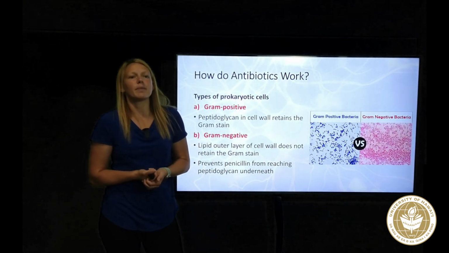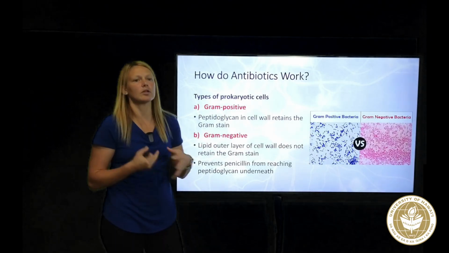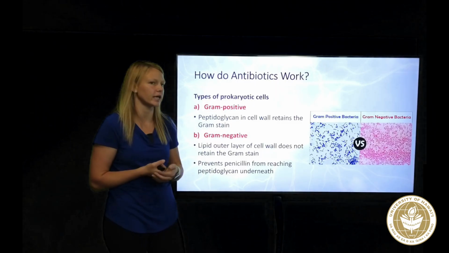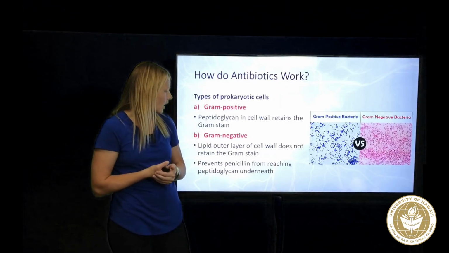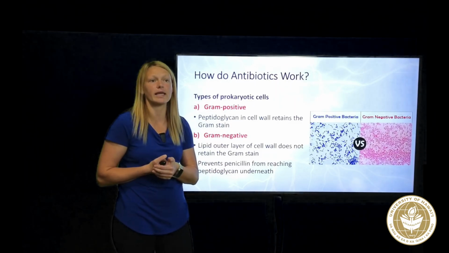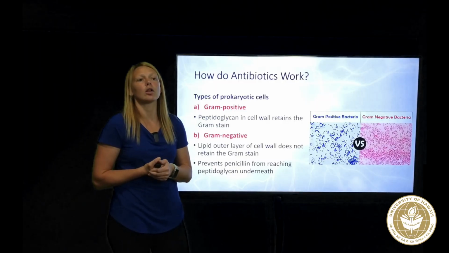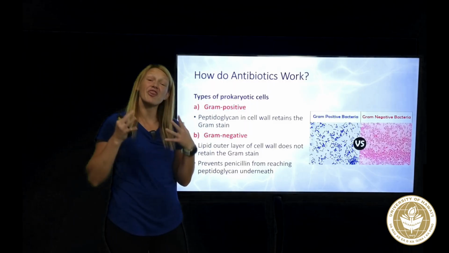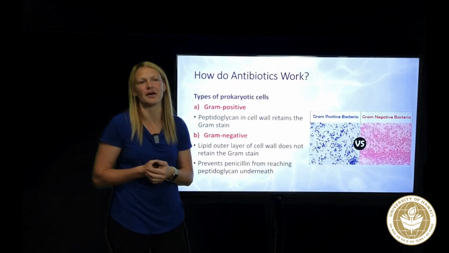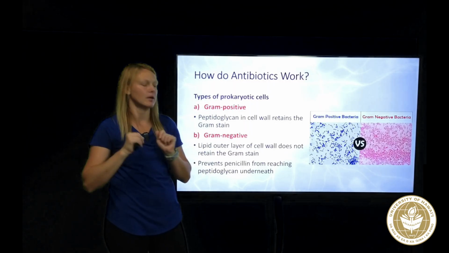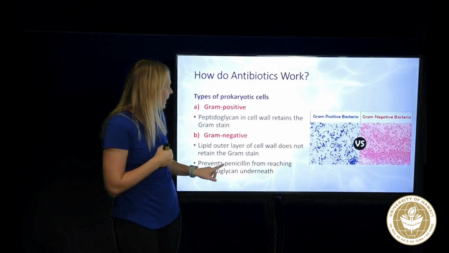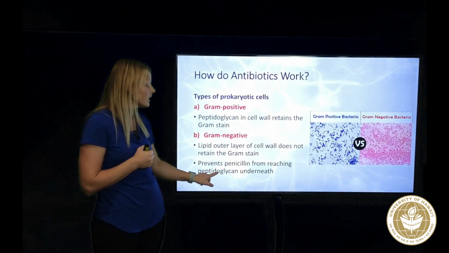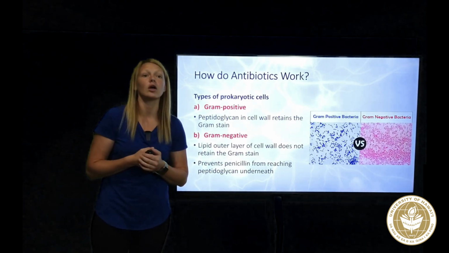Gram-positive bacteria are going to have multiple layers of that peptidoglycan, while gram-negative bacteria have a thin peptidoglycan cell wall surrounded by an outer membrane. This outer membrane prevents penicillin from actually reaching the peptidoglycan cell wall underneath.